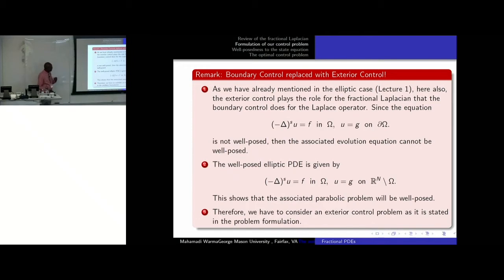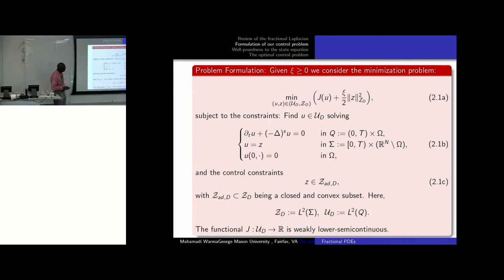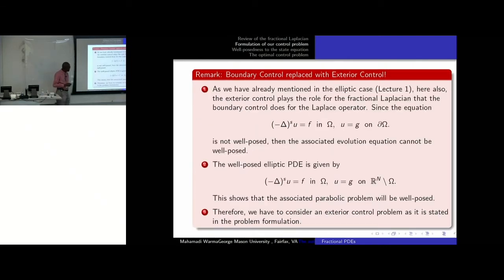As we said yesterday for the elliptic problem, here we have an exterior control, because u is 0 outside. Why is that? Even if I didn't say it yesterday, boundary control does not make sense for the fractional Laplace operator, due to the fact that the Dirichlet problem is not well posed. If you know the function on the boundary, you cannot recover the solution. I can even put f is 0. You cannot recover an s-harmonic function just by knowing the function on the boundary.